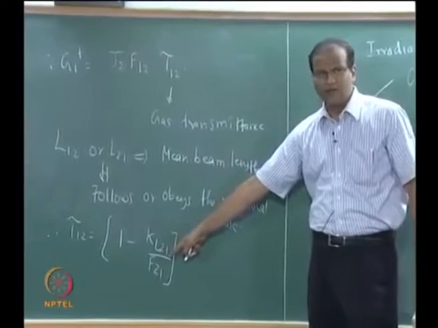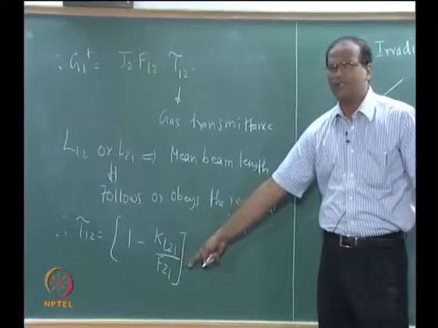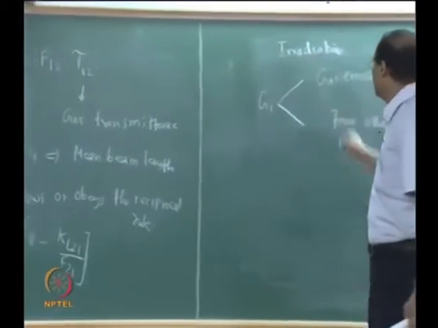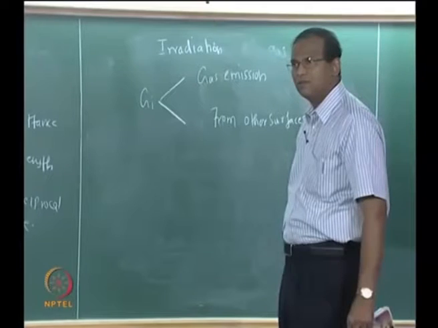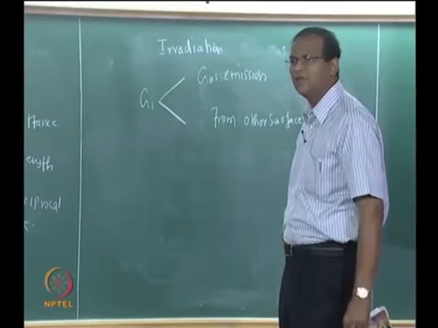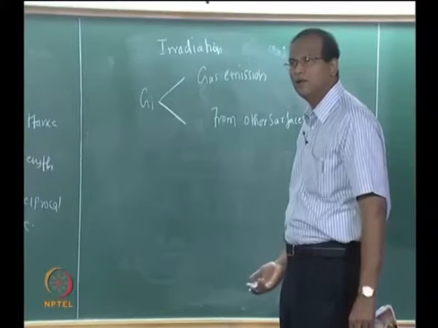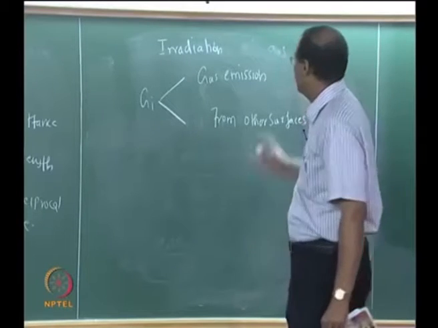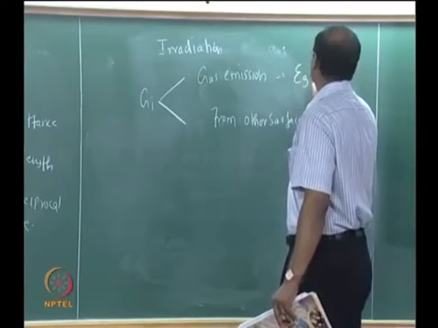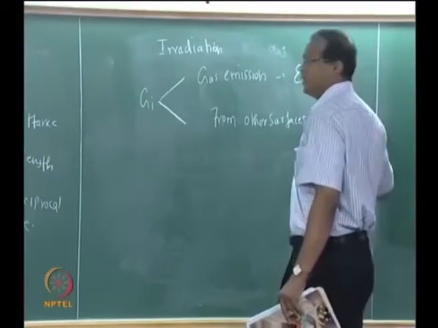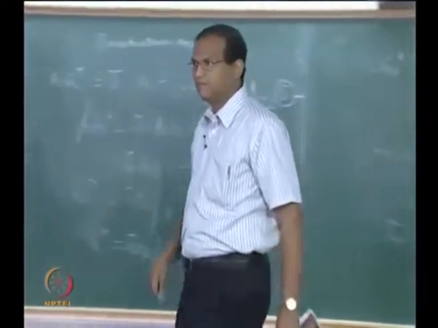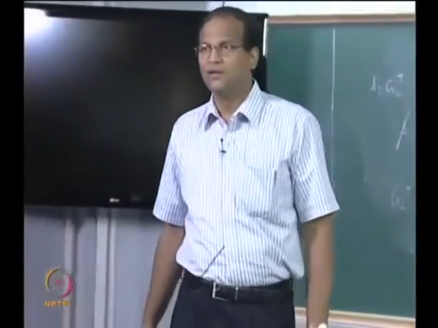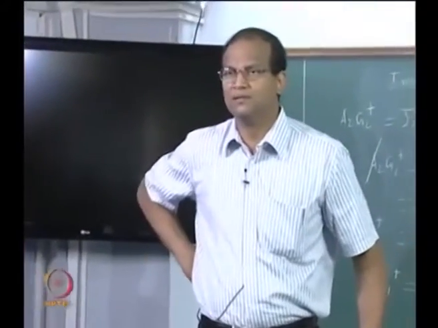You can do it for every tau ij depending on how many surfaces are there in the enclosure. What about gas emission? Yeah, what is a gas emission? Sigma Tg to the power of 4 into epsilon g, right. How do you calculate epsilon g? From the mean beam length, correct. The starting point is the mean beam length.